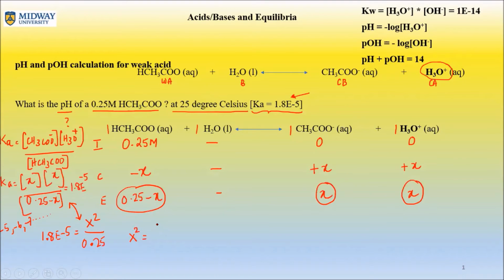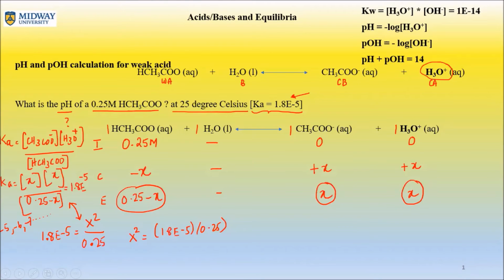X squared equals basically 1.8 e to the negative 5 times 0.25. So that would be, let me get my calculator, 1.8 e to the negative 5 times 0.25.